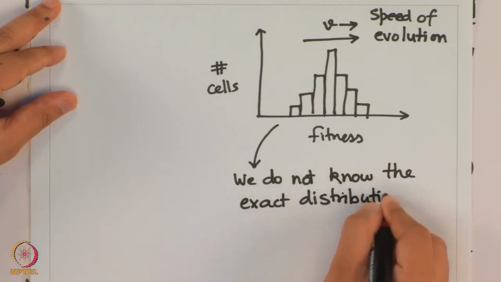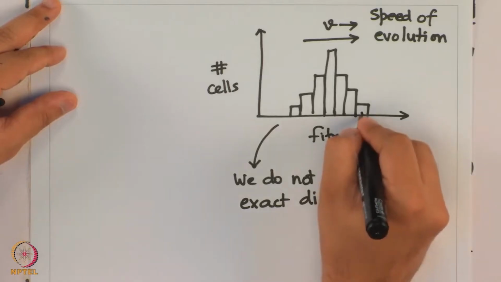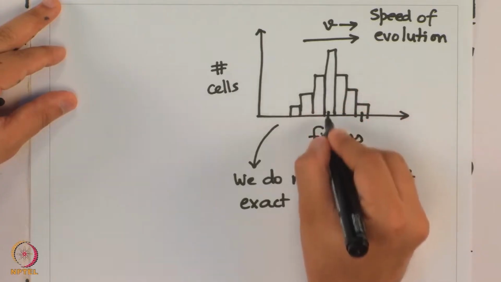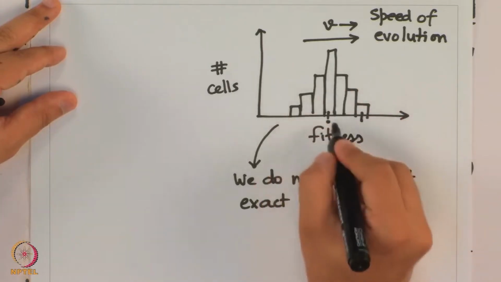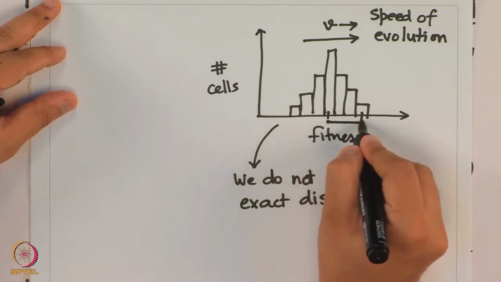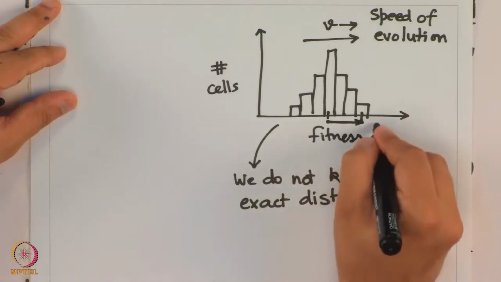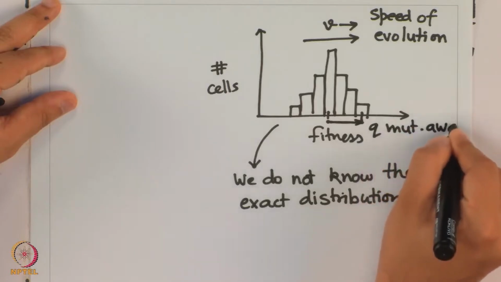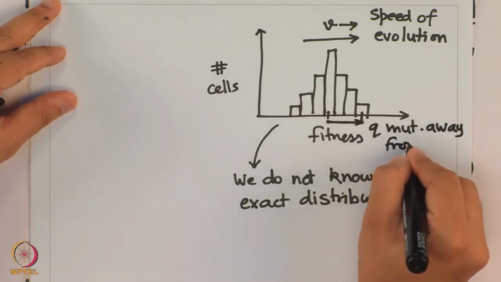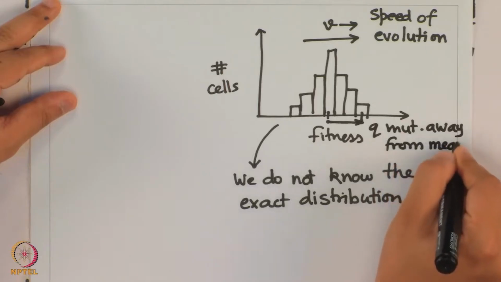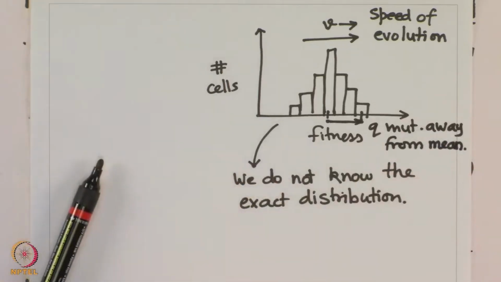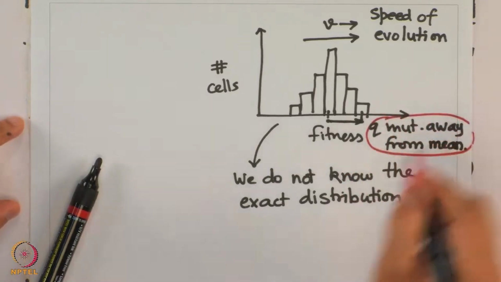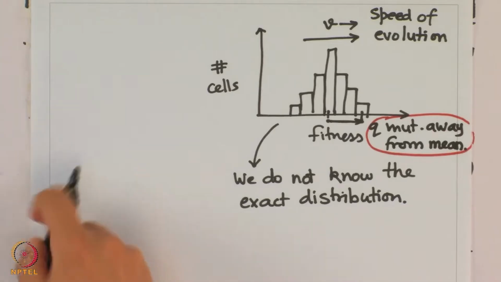But what we are going to assume is that the leading edge, this is the fitness which corresponds to the mean associated with this distribution, is q mutations away from the mean. So, the leading edge is q mutations away from the mean.